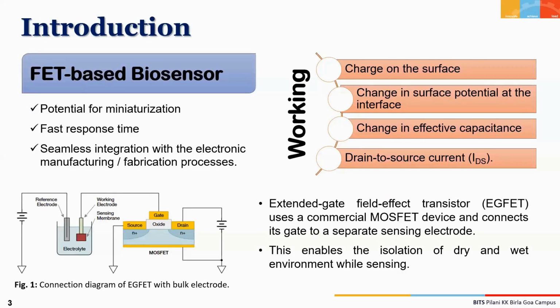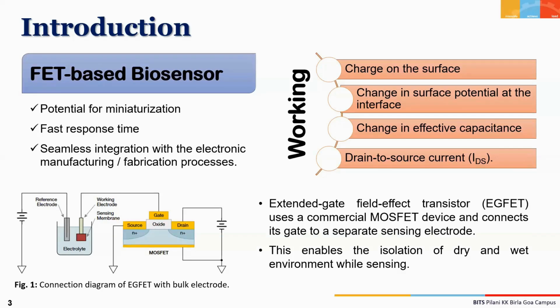So it is quite well known that the field effect transistor is being used for biosensing application due to its potential for miniaturization, and it has fast response time, and it also facilitates integration with fabrication processes.